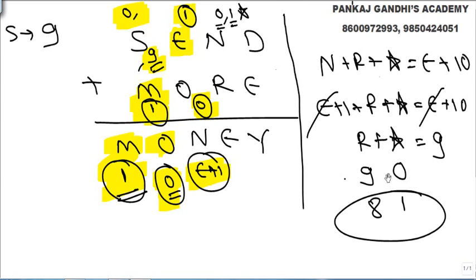But already we know S is 9, so R cannot be 9. So that's why this is ruled out. R is 8. Now we have got compulsorily R is 8.